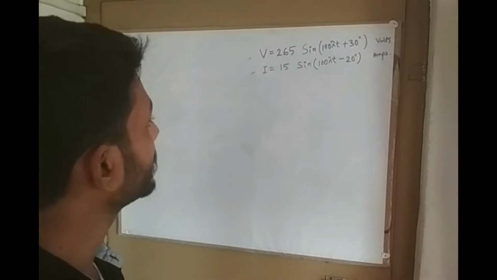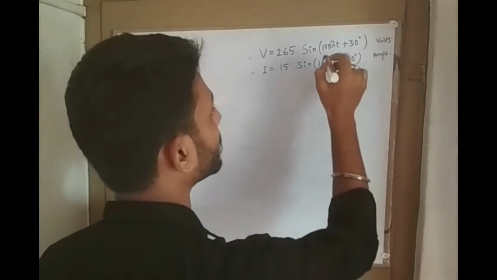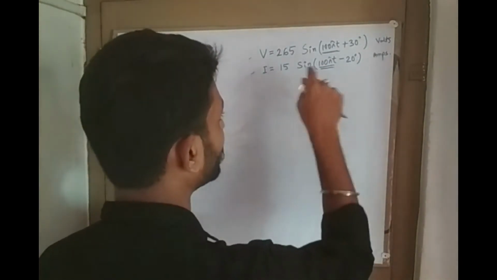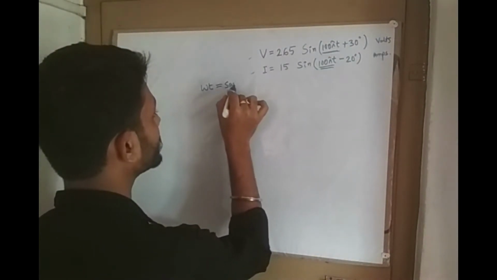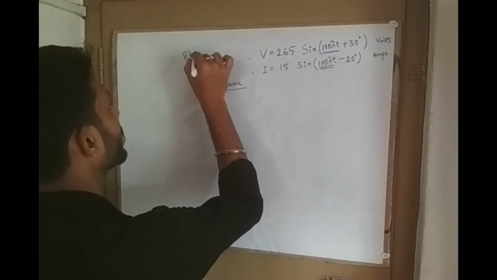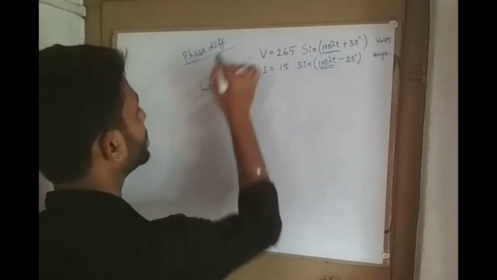Here we have to find out the phase difference between these two. In that case, you have to notice first of all that the value of this omega t must be the same when we are finding the phase difference between two signals.